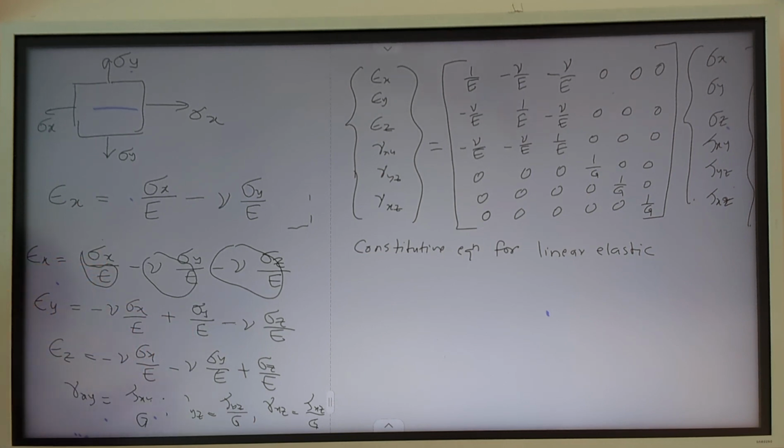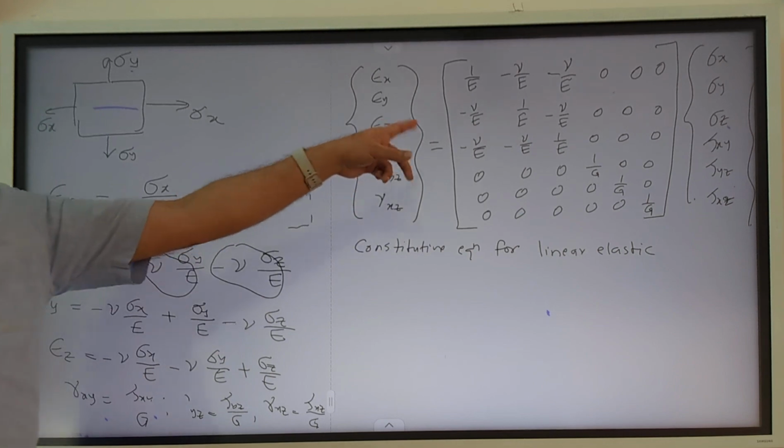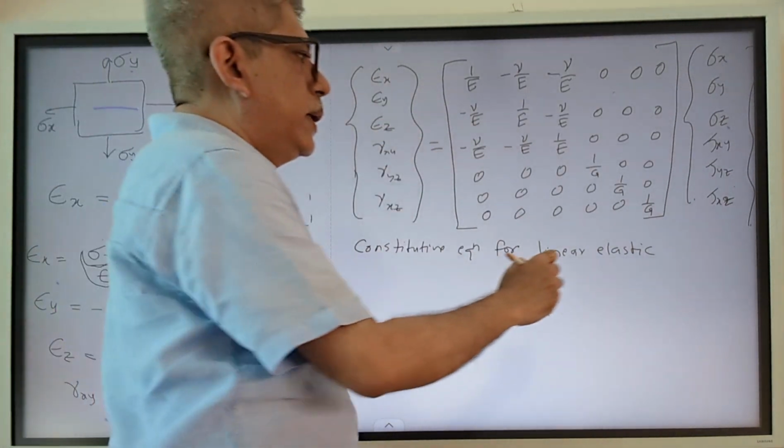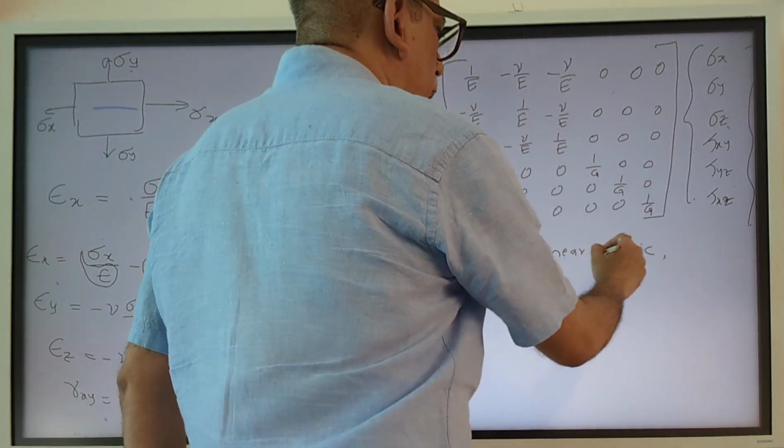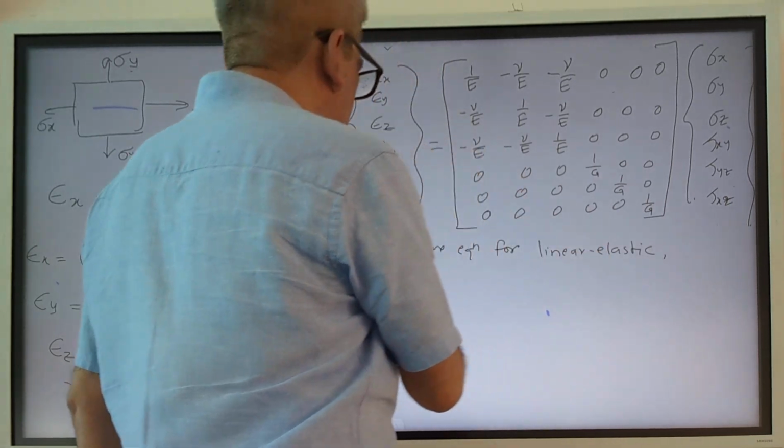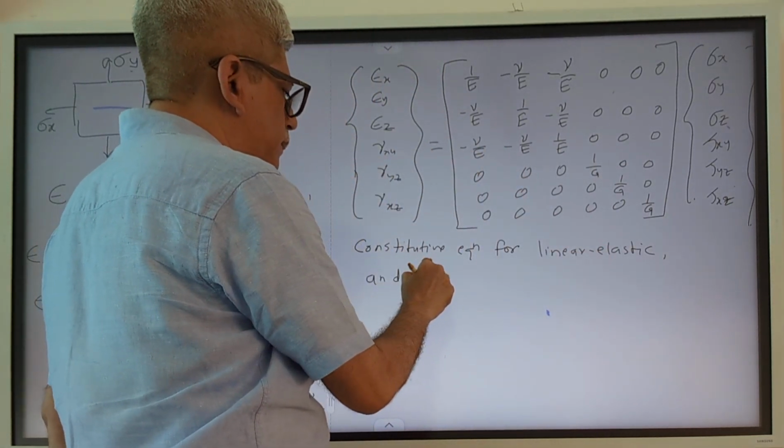If you pull in x direction, whatever elongation you get for a certain force, if you pull in y direction, the same elongation you will get. The E value in x direction is the same as the E value in y direction. So what is that property called? Isotropic material. So this particular set of equations is valid for linear elastic and isotropic material.